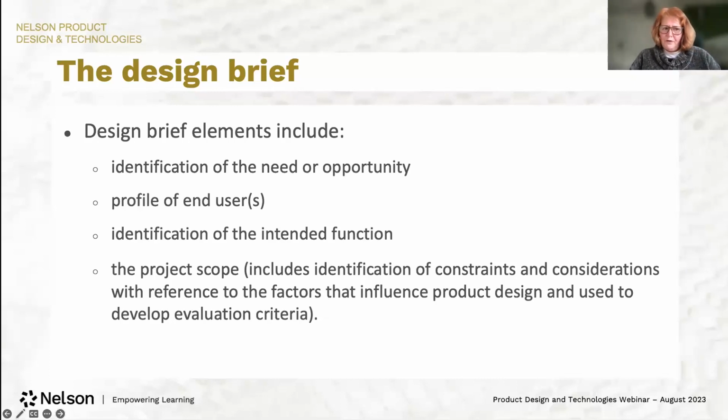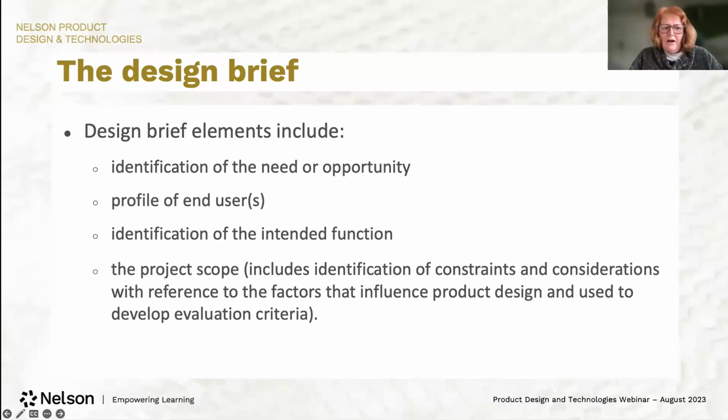So in that first diamond, a lot of the focus of the students is on researching, on empathising, on finding out a lot more about the design situation and the reasons for the design. So they summarise that in the design brief and they clarify what the need or opportunity is.